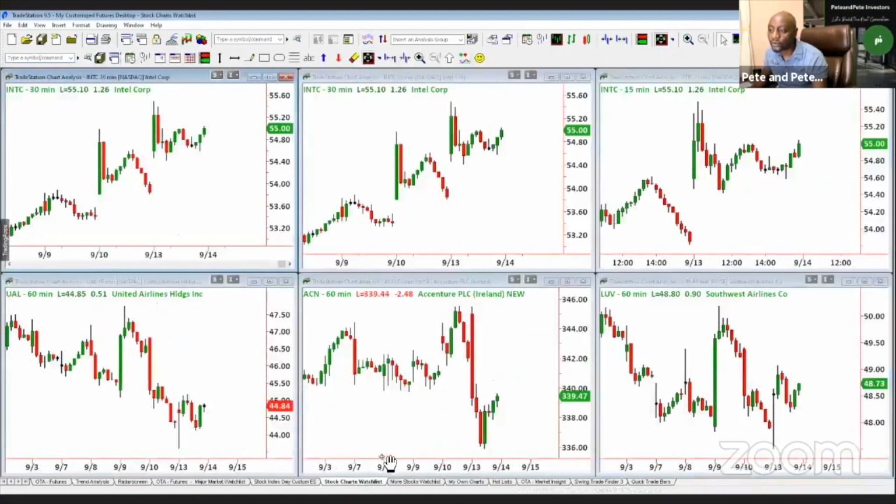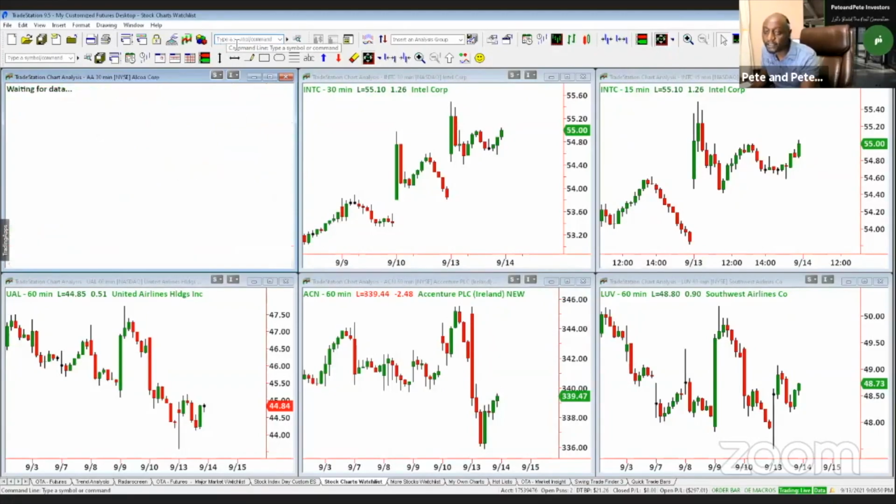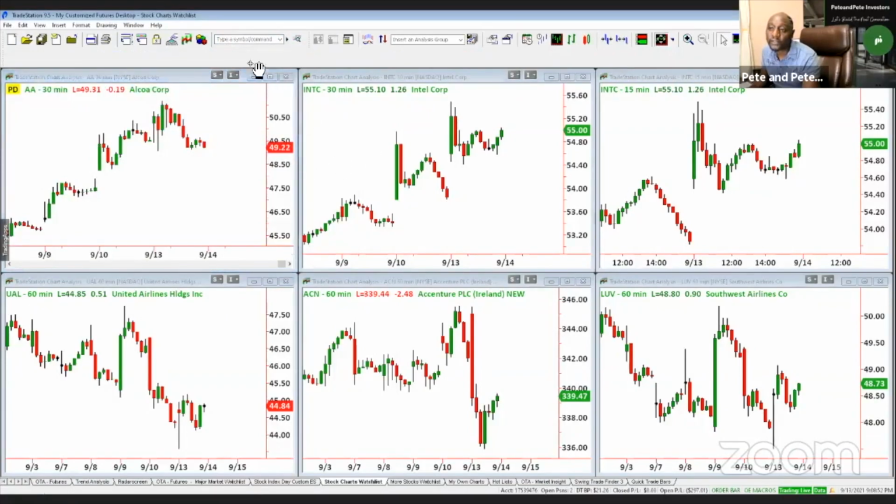All right, next one, more workspaces. Now this is one that you can use to compare different companies in a sector. So let's say we wanted to trade airlines. You can have a chart here for maybe your 4 favorite American airlines. It'll give you a chart for that one.